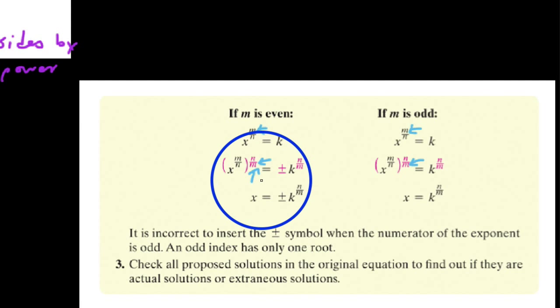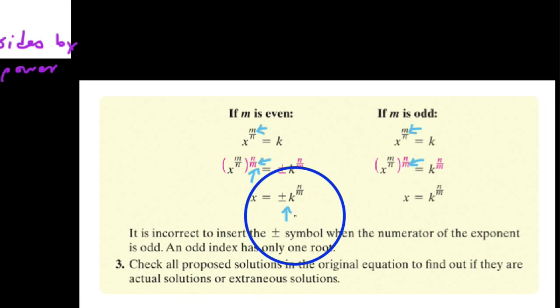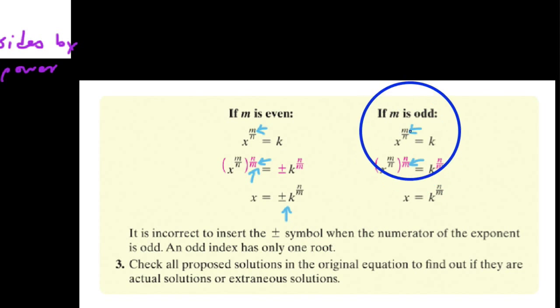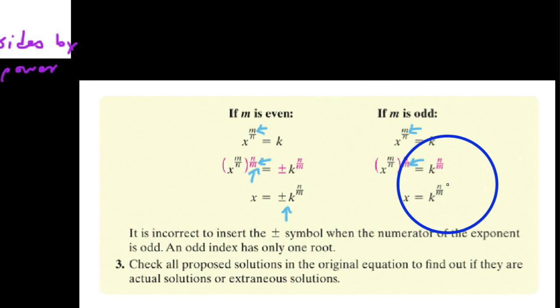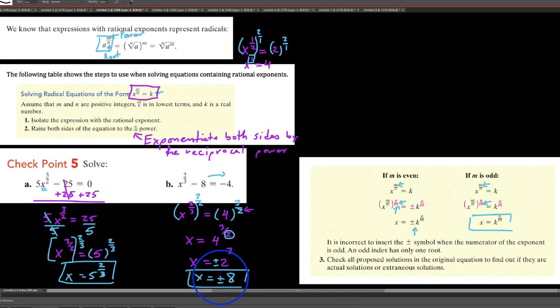That would be something like a square root, a 4th root, a 6th root, so on and so forth. And what that means is we have to put a plus or minus out in front of this. The reason is that whenever you take the even root of a number, it could be a positive or a negative result. But if m is odd, that is, if we're taking an odd root, you will get one and only one solution.